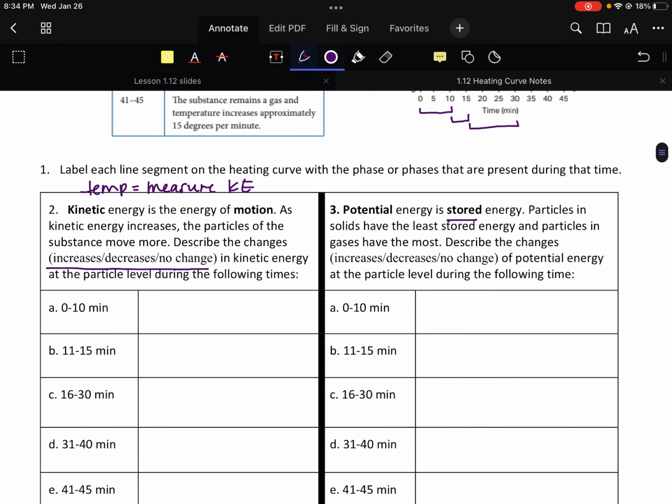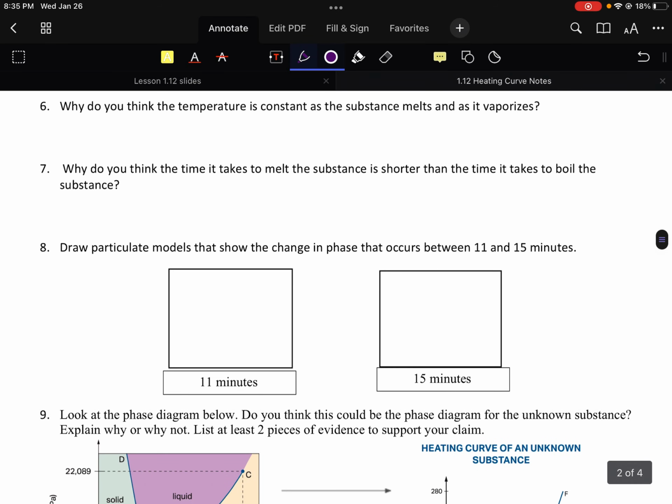Then I want you to work through number 8, so that's right here, and you're going to stop right after number 8. So pause the video here and take a few minutes to work through it yourself. If you need to skip one or two, that's fine, but just try to do your best.